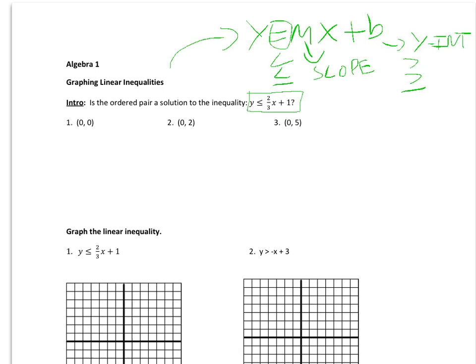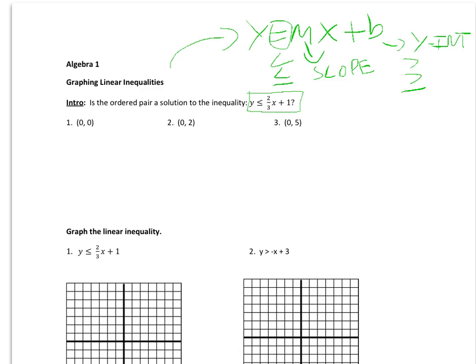Out of 1, 2, and 3, it's asking us, is the ordered pair for 1, 2, and 3 a solution to this inequality? Well, let's plug it in and see if it gives us a true statement. If I have (0, 0), I'm going to plug 0 in for this x, and 0 in for this y.